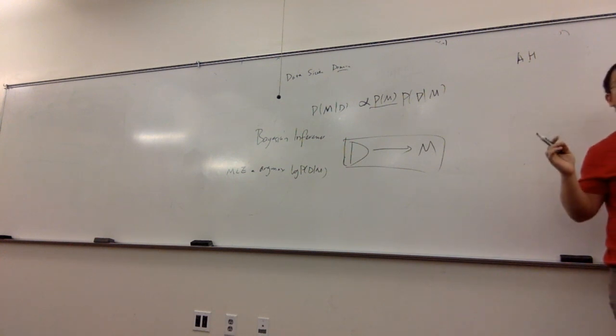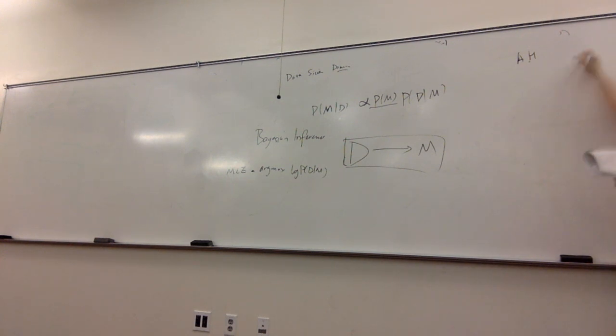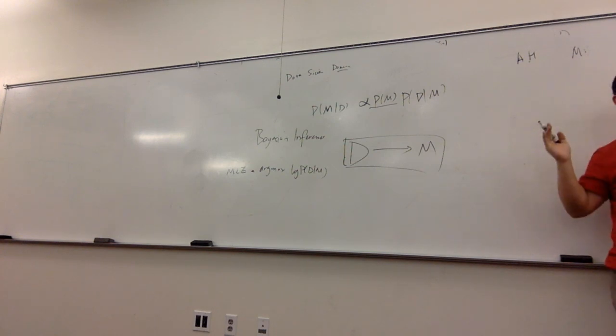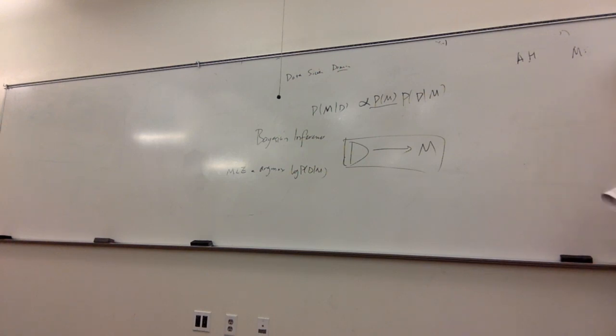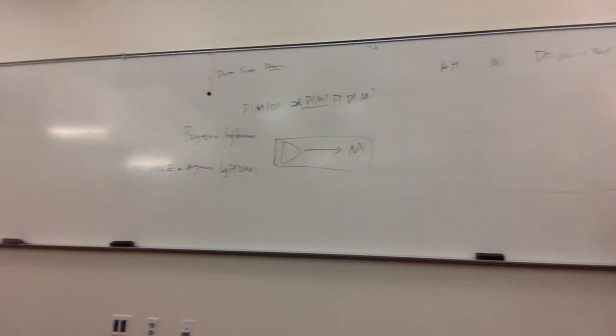So the model will be the average height of the students in a university. And suppose I have collected a set of data, namely a set of heights from a bunch of students.